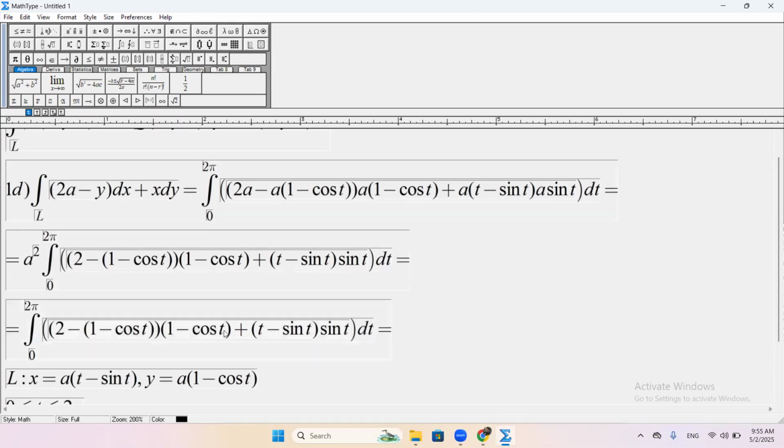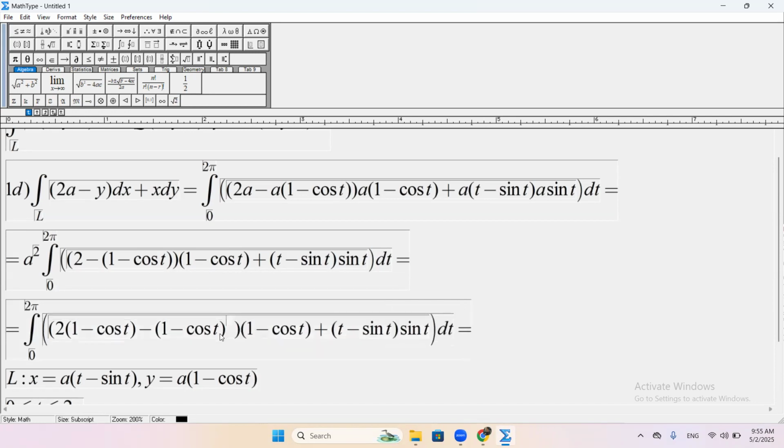So 2 multiplied by 1 minus cosine of t, and here will be the power of 2. So these brackets expanded. So this bracket is odd. Okay.